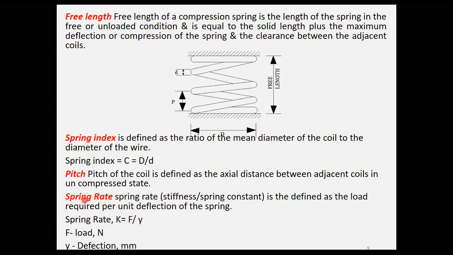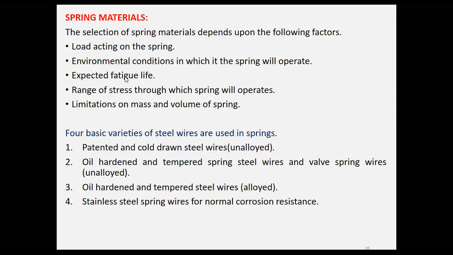From that you are going to find out the spring rate. Spring rate is denoted by K, which is the ratio of load required per unit deflection. Y is the deflection, F is the load applied in Newton, and deflection is in mm. Therefore the spring rate is in Newton per mm. This is about the spring rate.